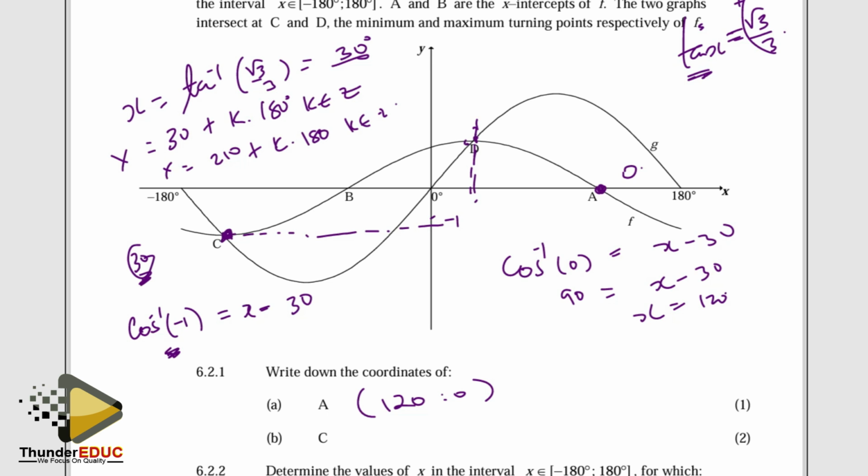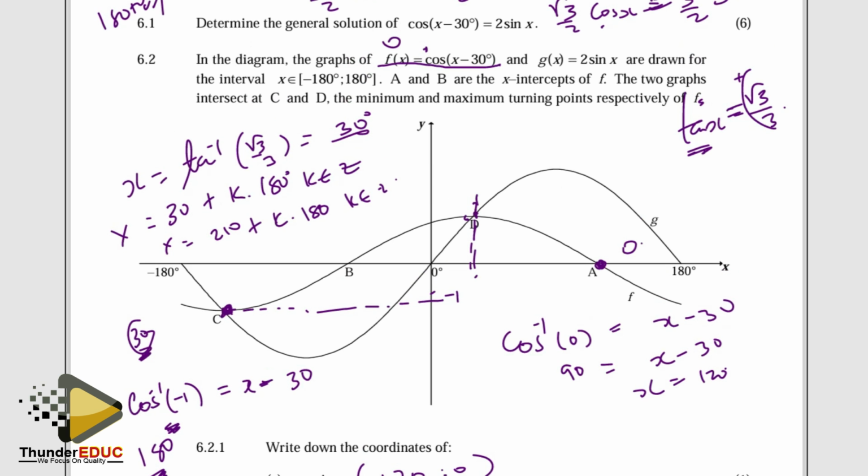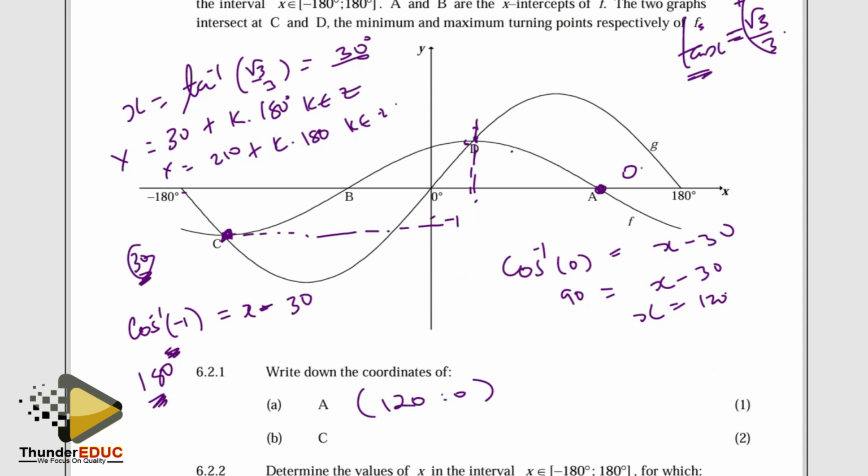So if I'm looking at it that way, because the shift cos of this is giving me 180, and then this 180, this graph was moved to the right, which means it's going to be 150, negative 150, because I move it that way, plus 30. And then negative 1 is said.